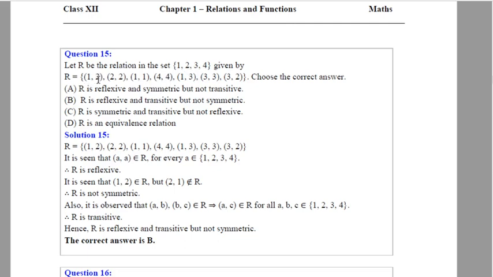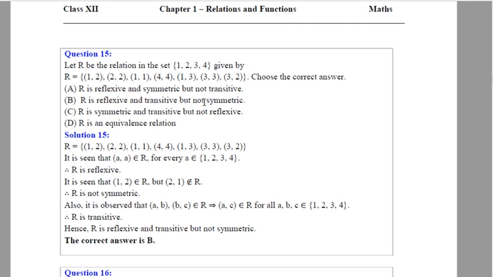See here (1, 2) and (2, 1). (1, 2) exists and (2, 1) is not existing. Hence, this is not symmetric.